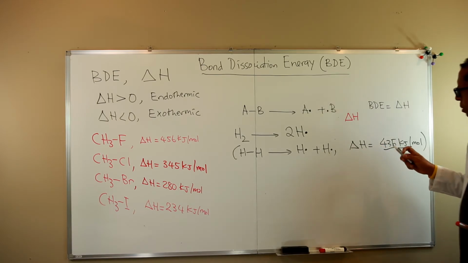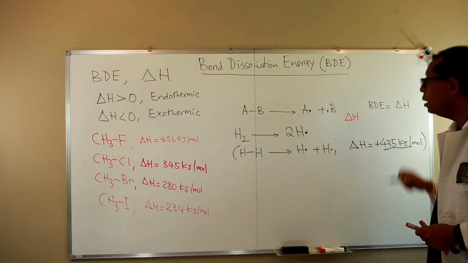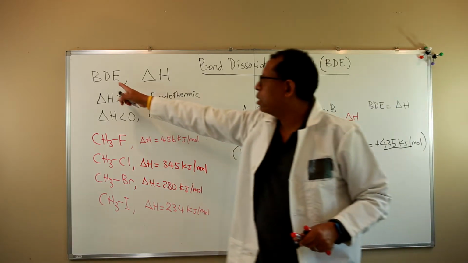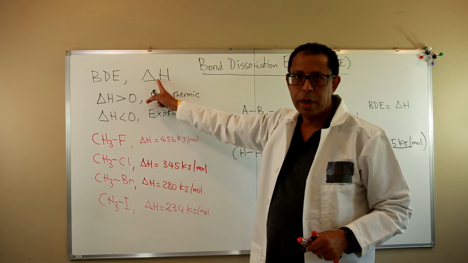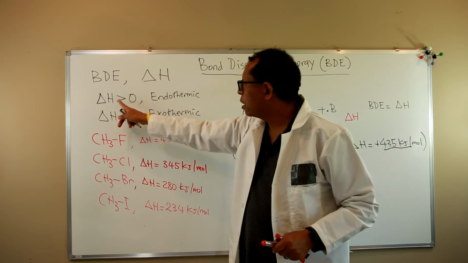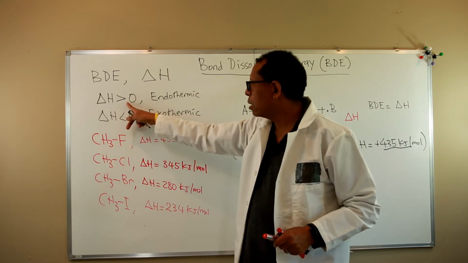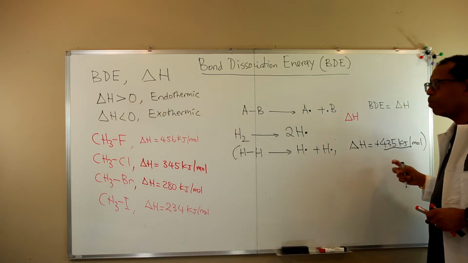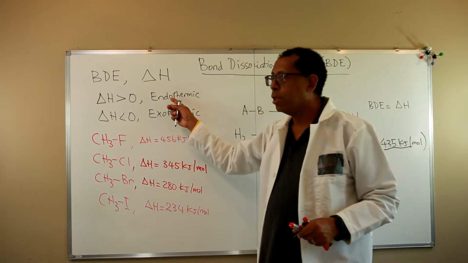So this value is positive. When you have a bond dissociation energy, or the enthalpy of a reaction, which is greater than 0, delta H greater than 0, as here, that reaction is endothermic.